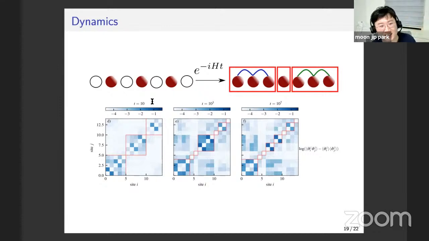But the answer is that if we try to do this algorithm, let's say in the thermal phase, we see that it does not converge, right? And there are things we can measure to say that, okay, this is not converging. Okay, so can you elaborate more? What do you mean by it does not converge?